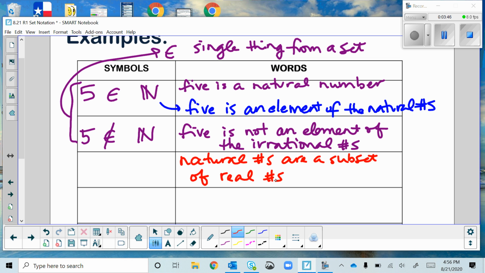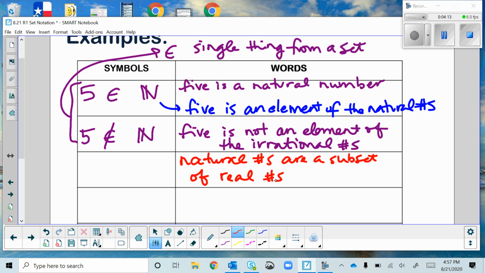So for example, if you think about Johnson students, I could say that the ninth graders are a subset of the entire student body, right? The entire student body is actually made up of 4 groups: freshmen, sophomores, juniors, seniors. Each one of those is contained entirely inside the bigger group. So I would say the freshmen are a subset of the Johnson population. Or I could say the natural numbers are a subset of the real numbers.